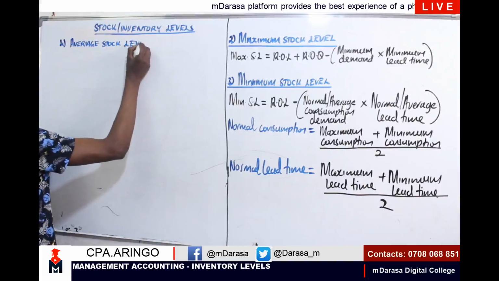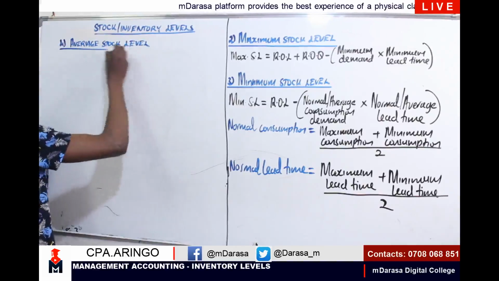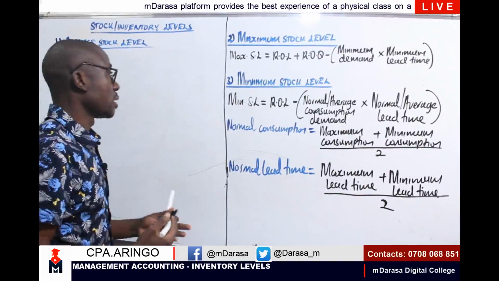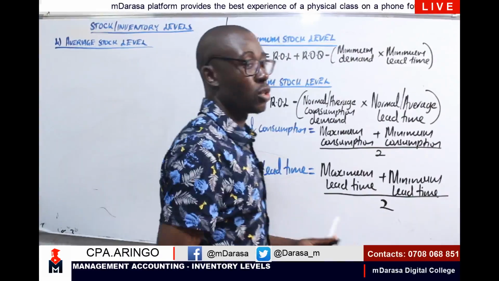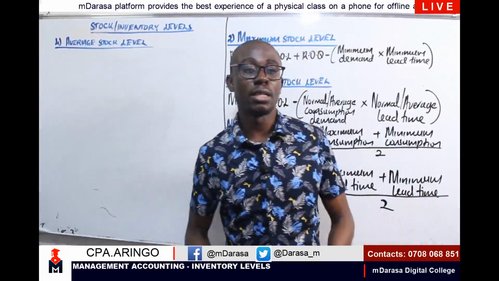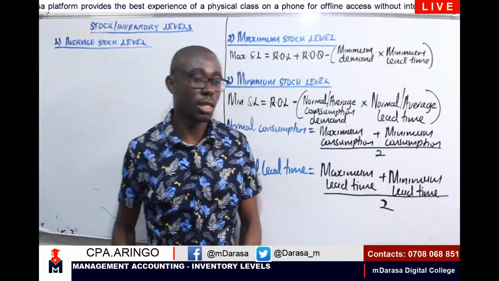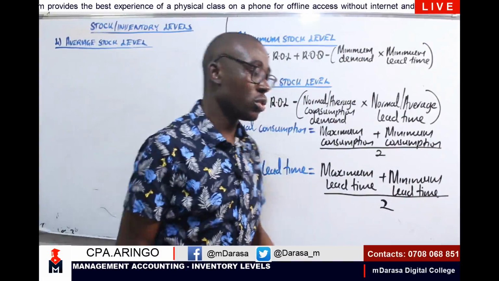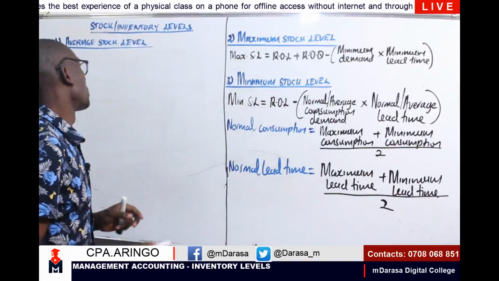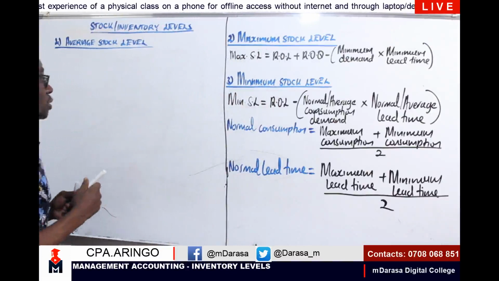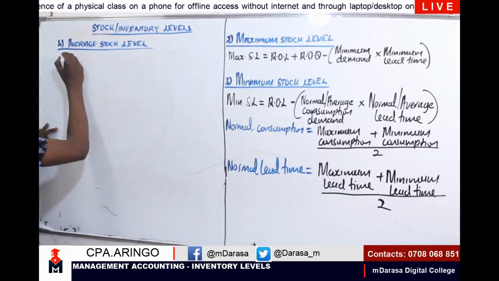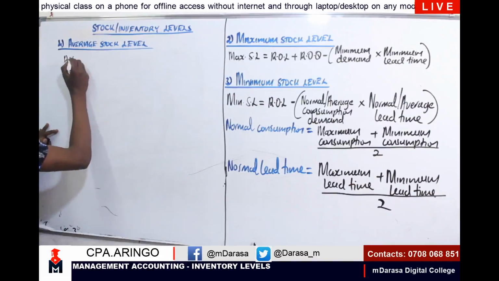And by the way, before we look at average stock level, I want you to analyze the factors that you think you might consider while setting the minimum stock level. That one is also very vital to consider here. So after that, we will look at average stock level.